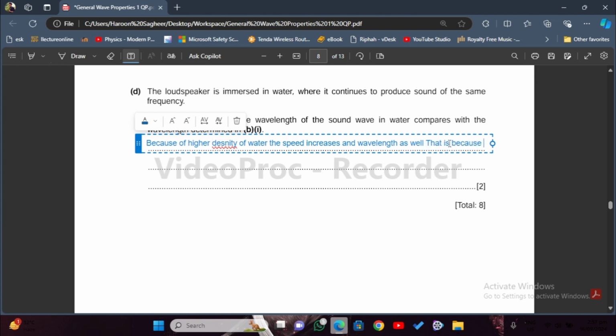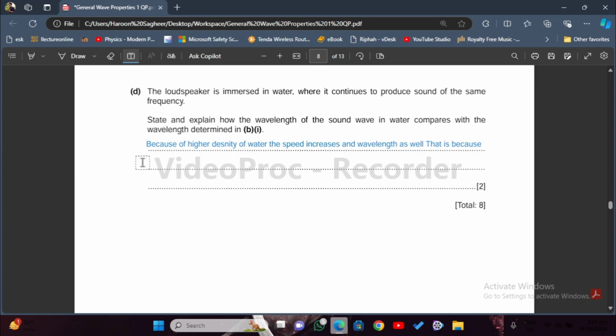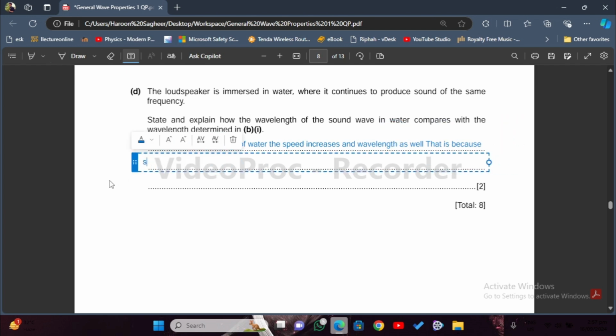That is because speed and wavelength of a wave are directly proportional to each other.